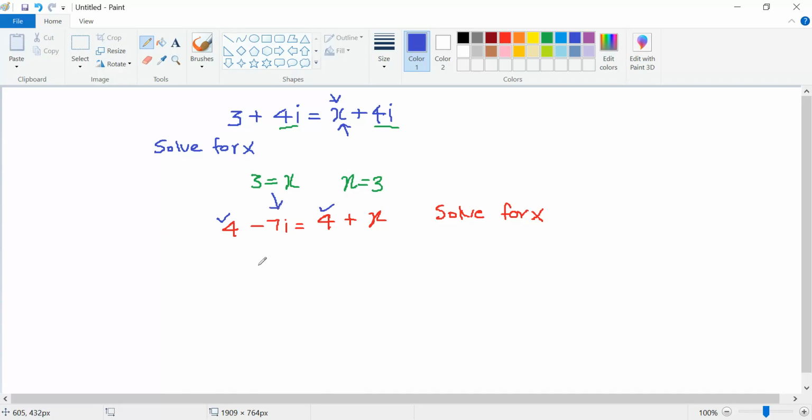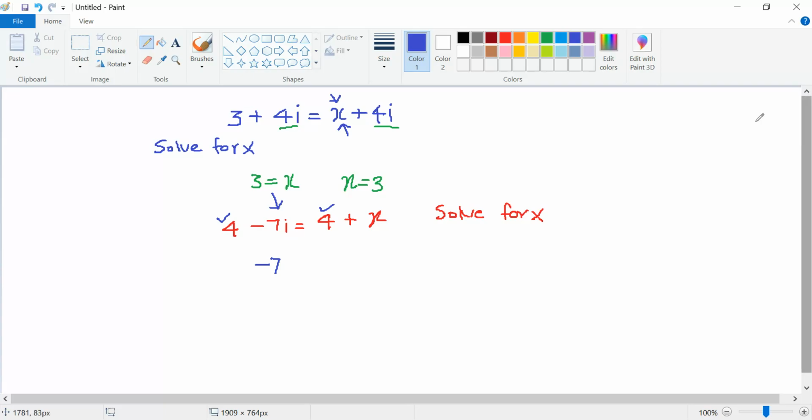The imaginary part of this complex number is negative 7. It's not plus 7, it is minus 7. So we have to be careful about that. Whenever there is a negative sign for the real part or the imaginary part of a complex number, that sign belongs to the real part or the imaginary part.